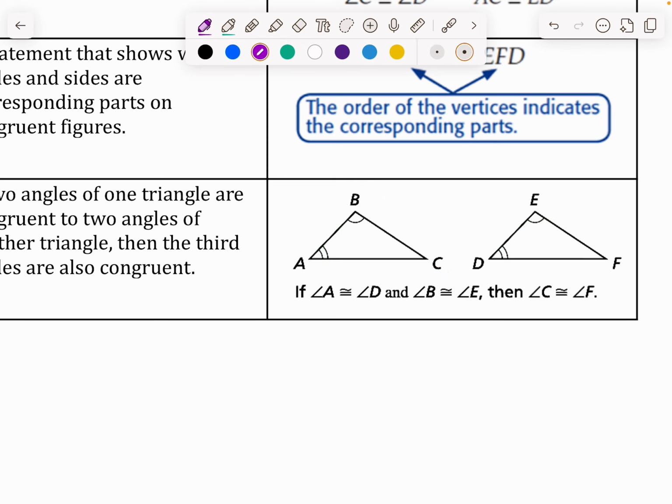And that is just like if this one is 40 and this one is 40, and then this one is, I don't know, 100, and this one is 100, then this one must also be 40 because they all have to add up to 180. So if these two make 140 and these two make 140, then there's only 40 left over for the third.